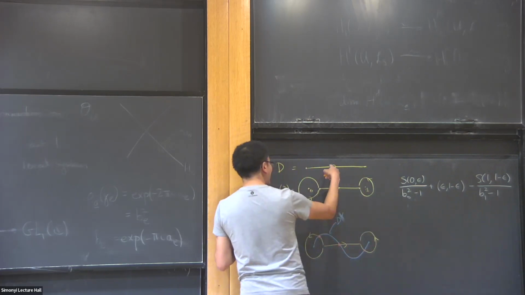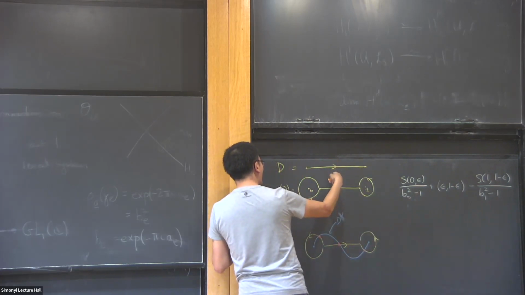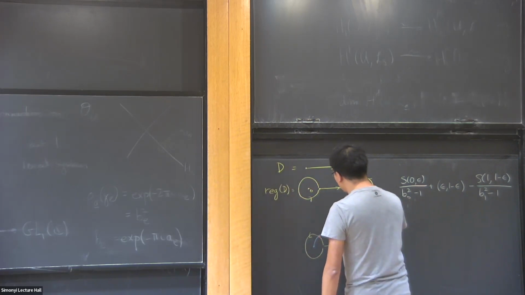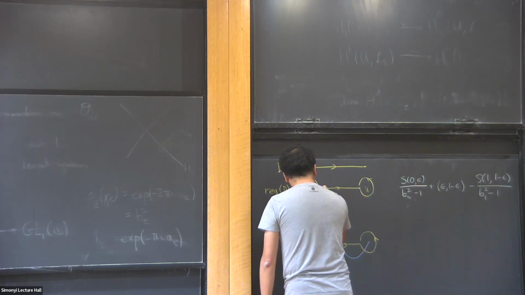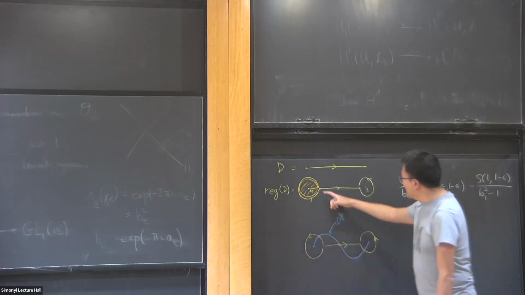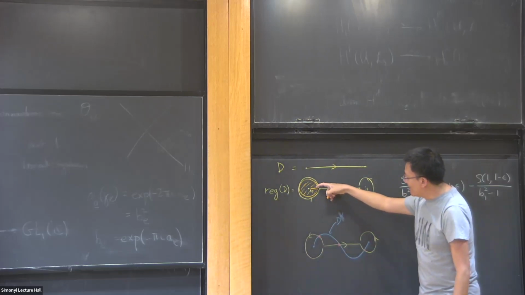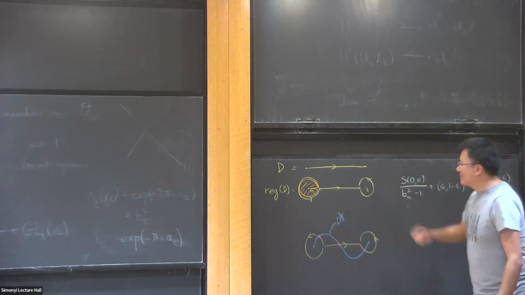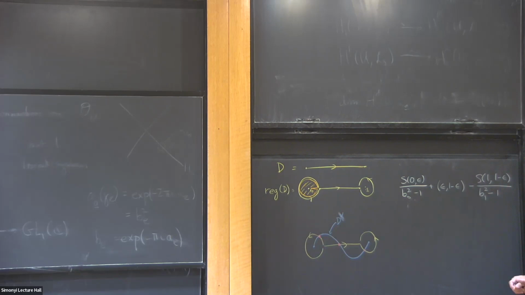So to say that they're homologous, I have to take the difference and show that it's the boundary of something, and the band is the boundary of this thing. You have to cut it here slightly because of the monodromy issue. And same thing over here, you do something similar over there.